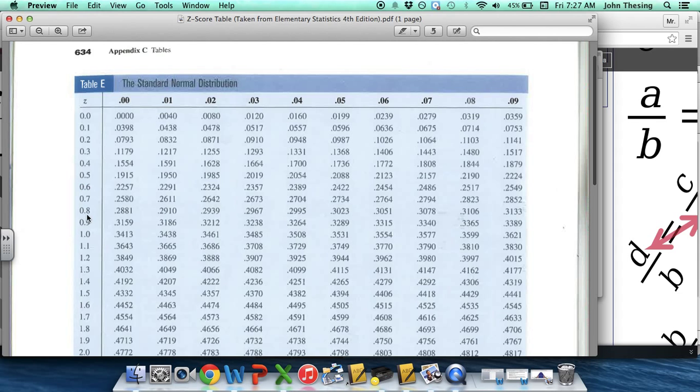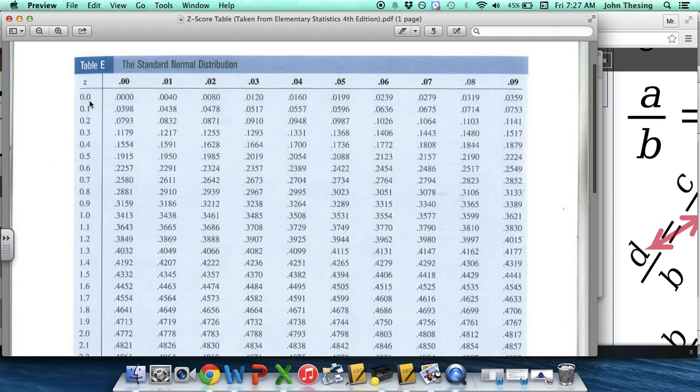This part right here gives you the first couple decimals. So for our 1.52, we would go down to 1.5, and then the 2 in our 1.52 comes from over here.